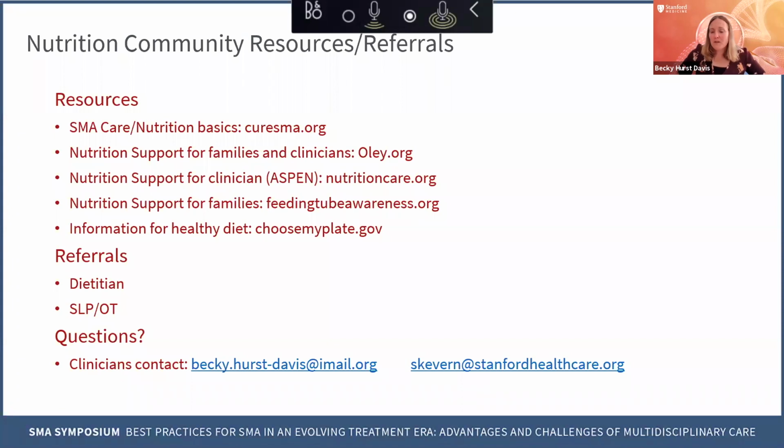But I will also say that some of the more recent posters and papers about fatty liver, those kids were usually on an amino acid diet, and those diets are really high in carbohydrates, like 80%, 85% carbs. So that may also play a role in fatty liver. But there could also be something related to SMA that we just don't know enough about.